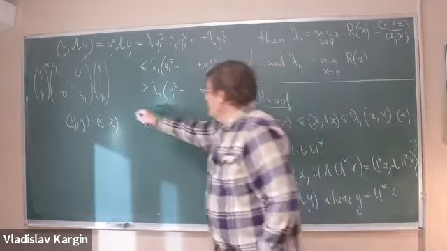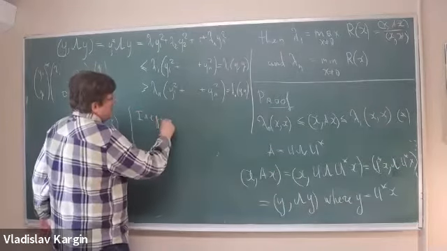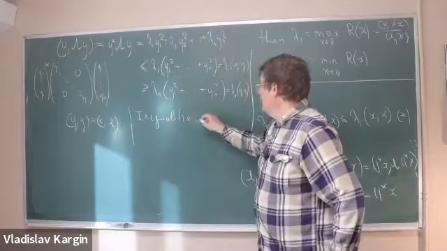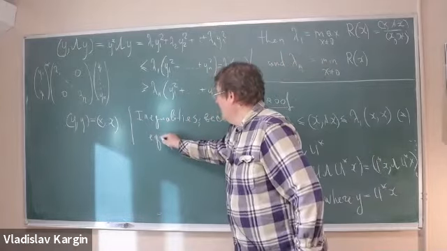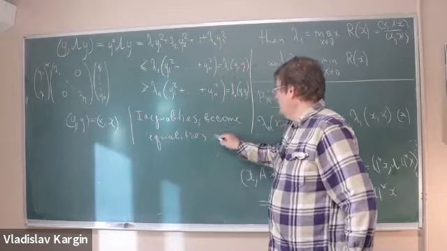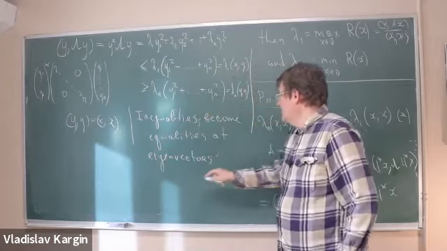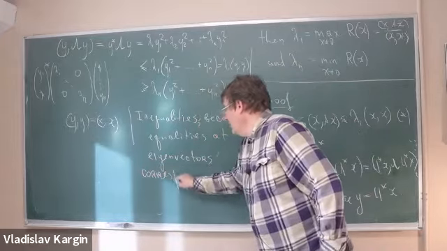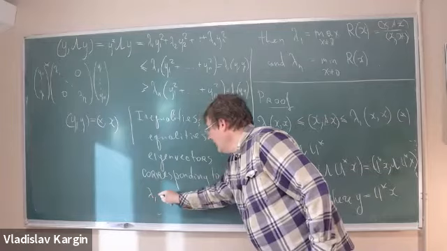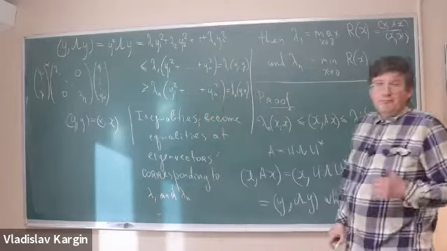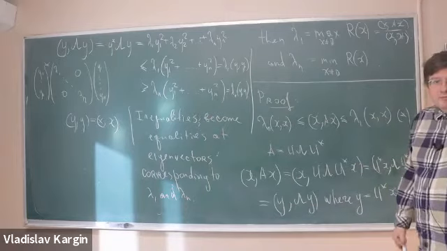The inequalities just become equalities at eigenvectors corresponding to lambda 1 and lambda n. Okay, so this is just the theorem.